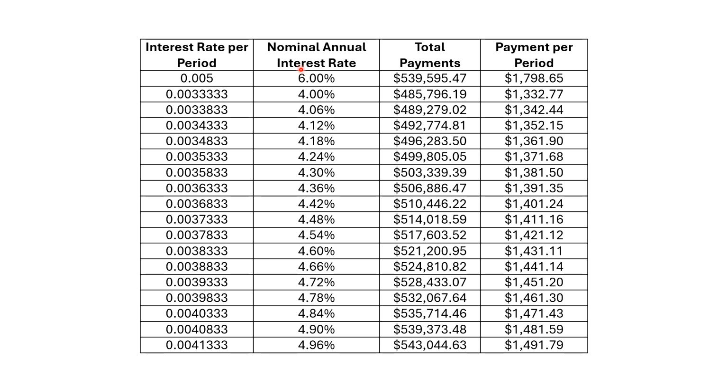But when you come to this next increment here, you notice the total payments are more, although the monthly amount is less. So that might be a harder decision to make if they're a little bit squeezed for money on a monthly basis.